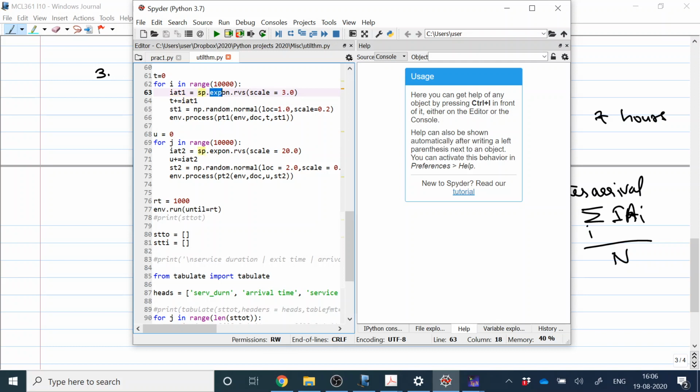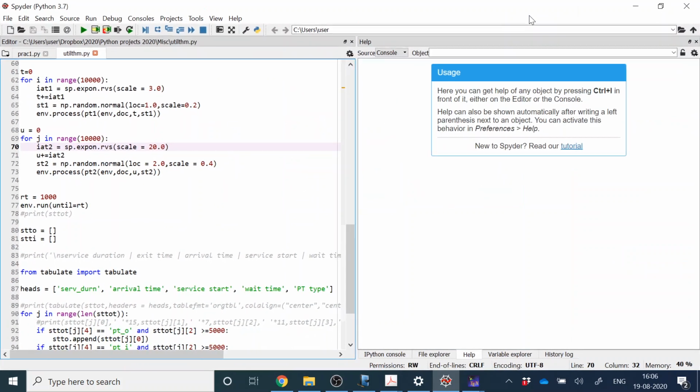Here it's an exponential distribution, right, with a mean of 3 minutes. Similarly, for inpatients, they also arrive according to an exponential distribution with a mean of 20 minutes, right? So the idea is you have to estimate these parameters by visiting the facility, observing and collecting the data, and fitting a distribution.